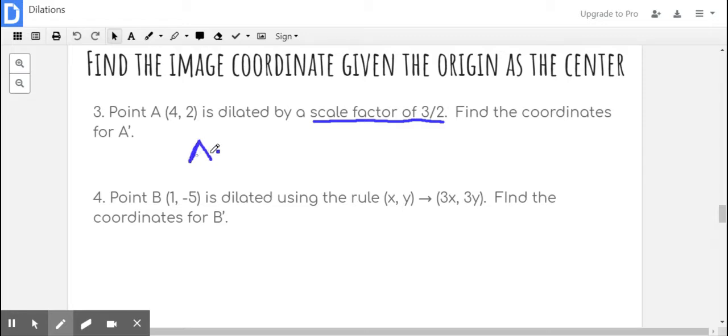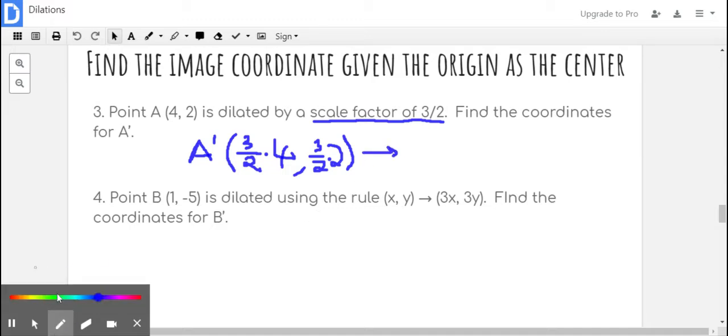So for A prime, we know it's going to be 3/2 multiplied by 4, and then we also have 3/2 multiplied by 2. 3 halves times 4 is the same as 12 halves, which is the same thing as 6.